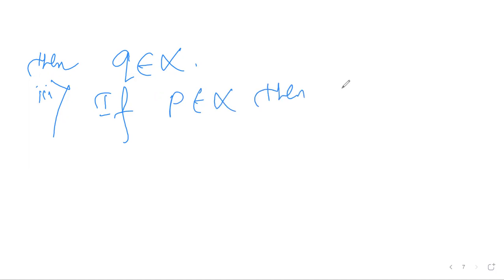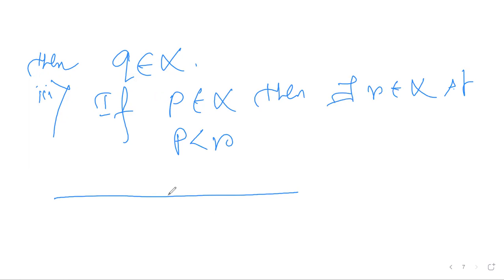Third condition: if P belongs to alpha, then there exists R belongs to alpha such that P less than R. So pictorially, what are we doing?